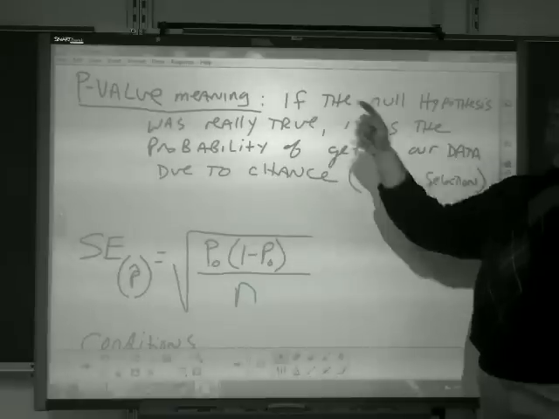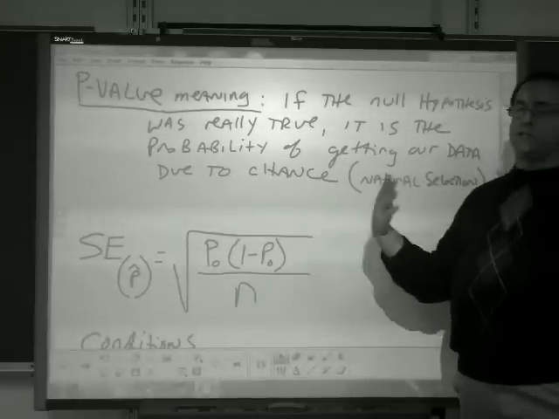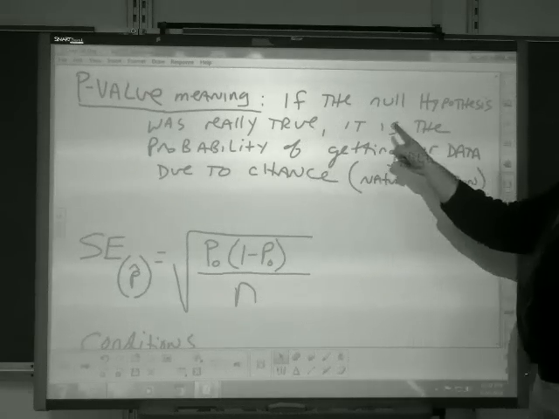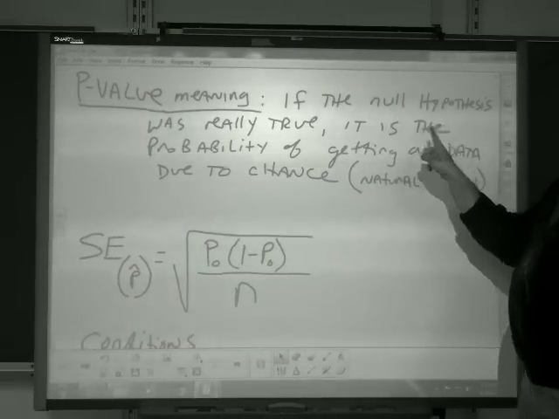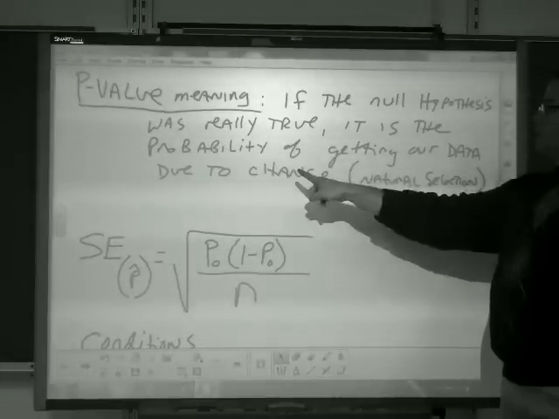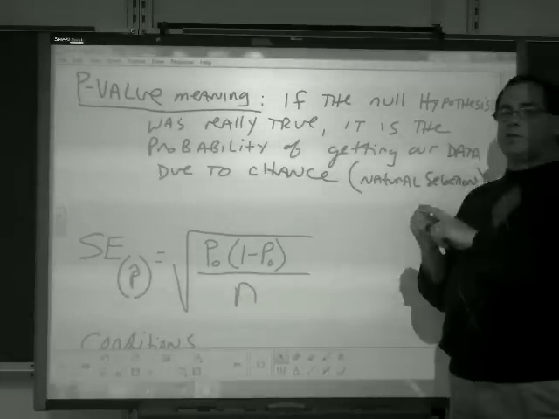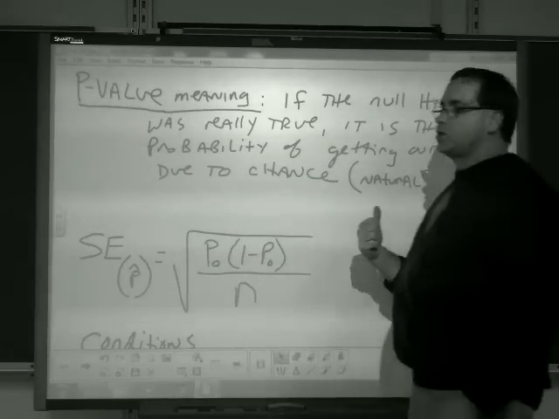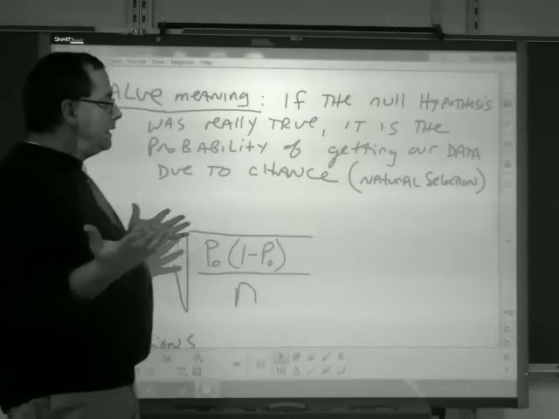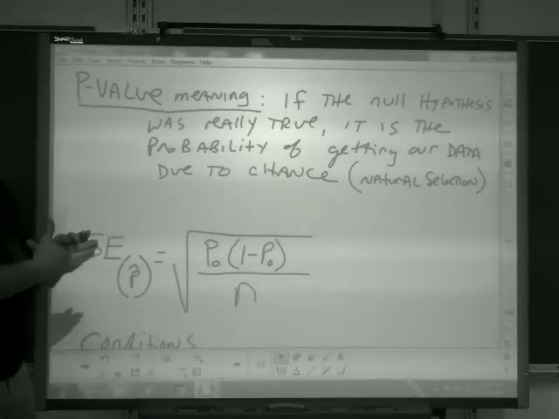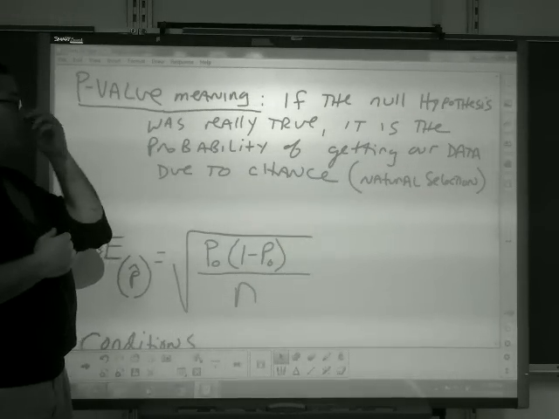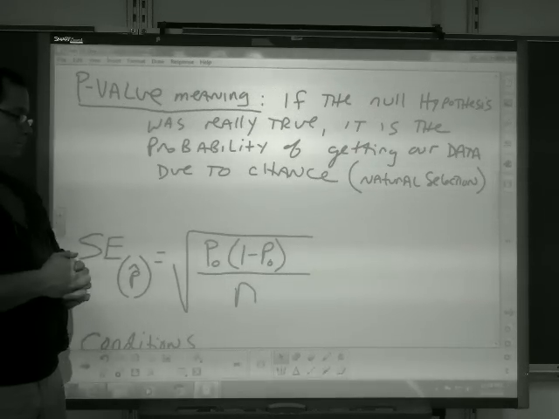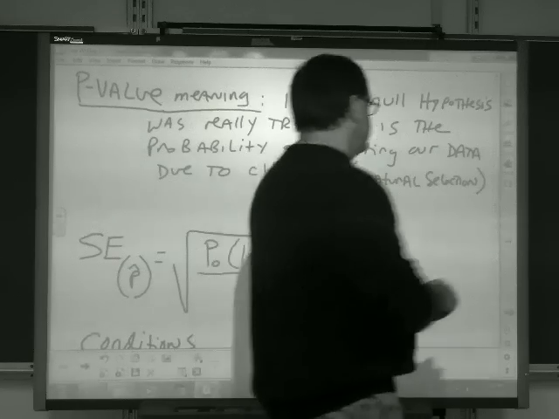If the null hypothesis was really true, and you always have to state, if the null that they claim was really true, then the p-value is the probability of getting our data, the probability of getting our results that we got purely due to chance, or sometimes they call it natural selection or natural variability. So that's the p-value meaning. If the null was really true, it's the probability of getting our results by chance. And we talked about that in class.